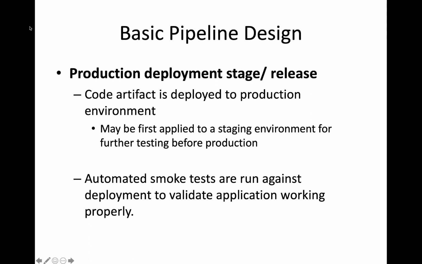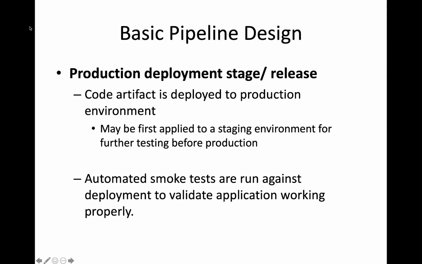We'll also then initiate a set of automated smoke tests to run against that environment. Smoke tests are a simple set of tests to validate that the key functionality in our software platform is still working properly. It's just a quick way of gauging whether or not our platform is still working.